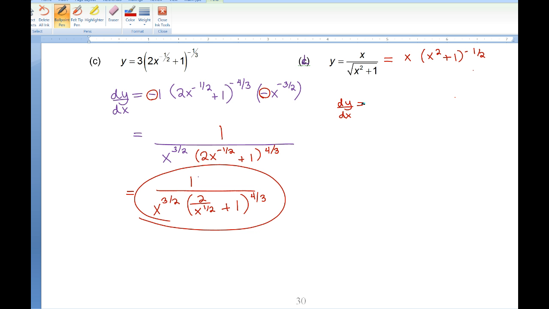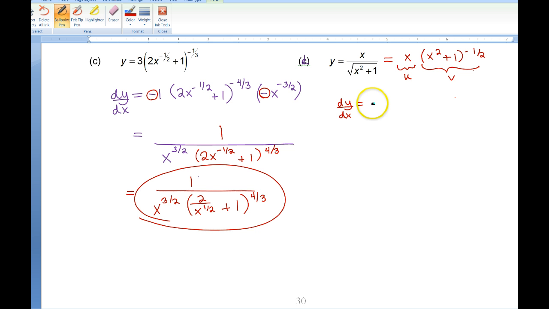Because it's product rule, and then you have the chain rule within the product rule. Remember before, if this is u and this is v, right? So what is the product rule? It's going to be u v prime plus u prime v.